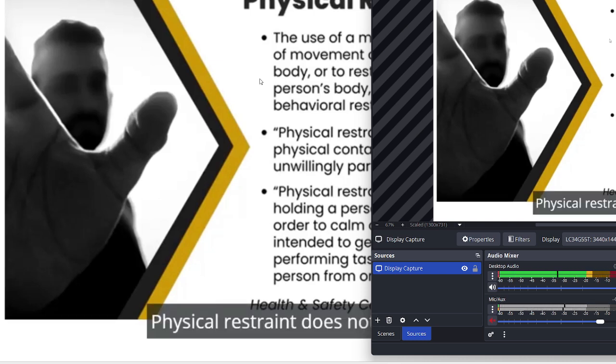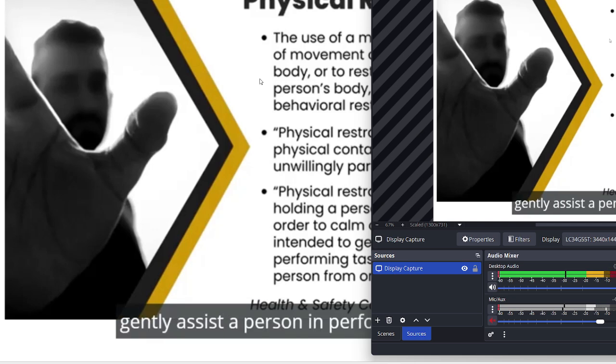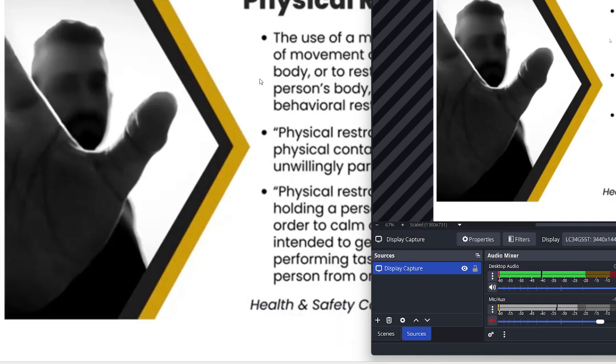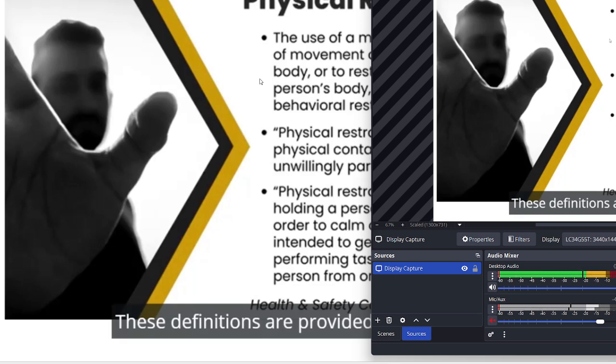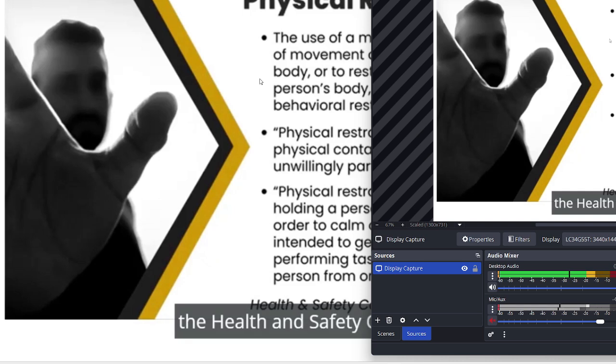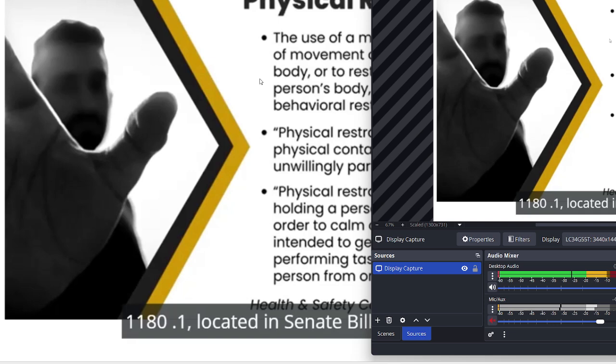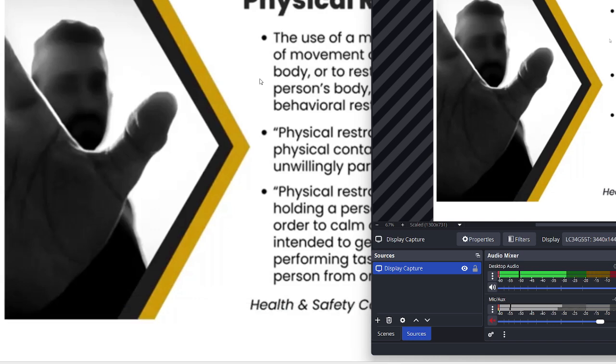Physical restraint does not include briefly holding a person without undue force in order to either calm, comfort, or brief physical contact intended to gently assist a person in performing tasks or to guide or assist a person from one area to another. These definitions are provided to us within the Health and Safety Code, Section 1180.1, located in Senate Bill 130.